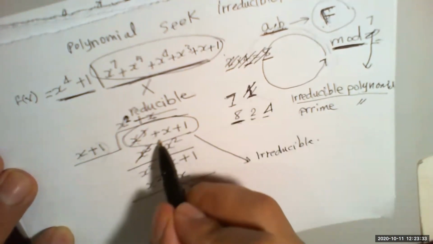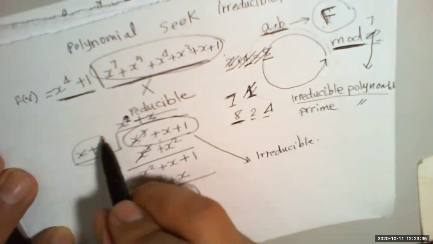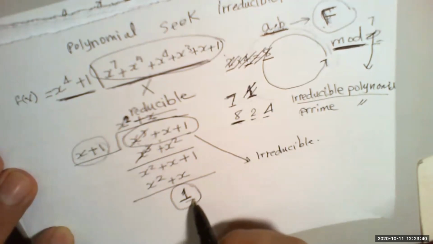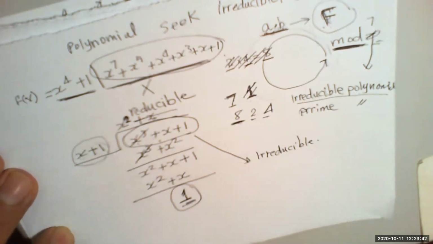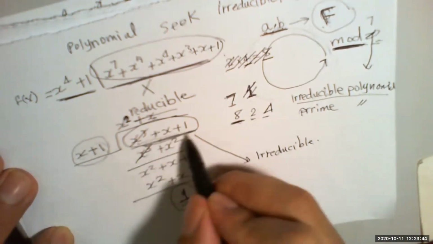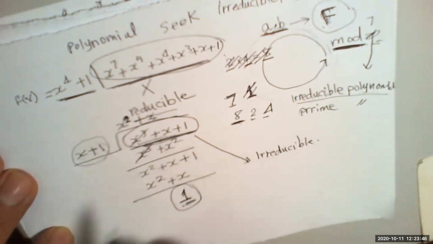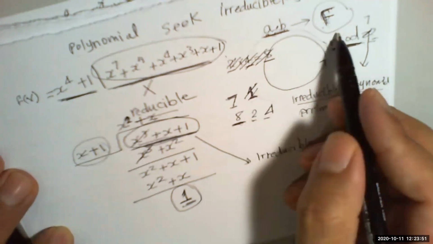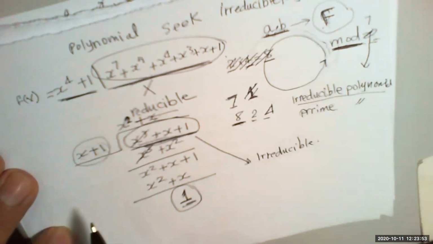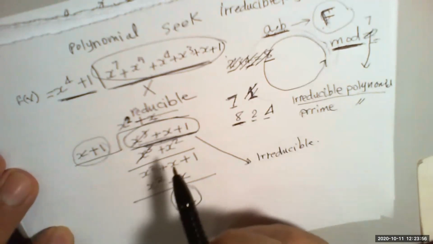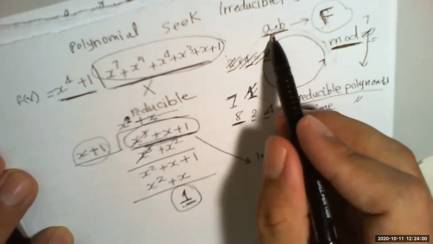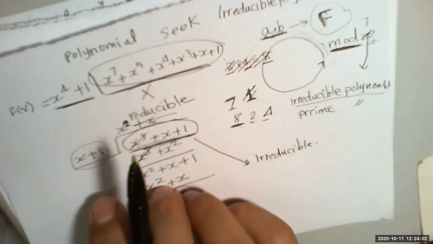This one also, we cannot say x plus 1 is a factor of it, because there is a remainder. So we call this an irreducible polynomial. We can take this irreducible polynomial to be our mod, to have this ring and this field, and apply the remainder operation and make sure that we are in the same field when we make any operation. So this is why we need an irreducible polynomial.